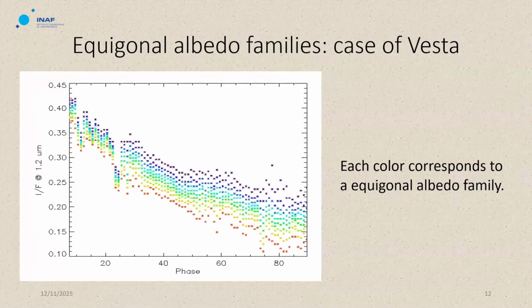One corresponds to the 10% brightest pixels, the second to the 20% brightest pixels, 30%, 40%, and so on. So each value is related to a percentage of bright pixels. The same percentage across the entire phase angle range identifies an equigonal albedo family, and here they are highlighted by different colors.